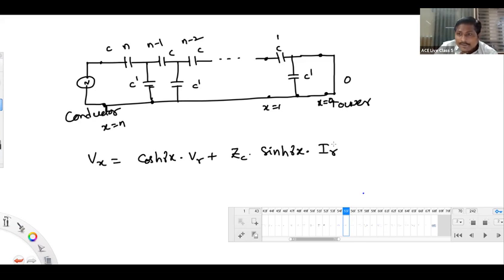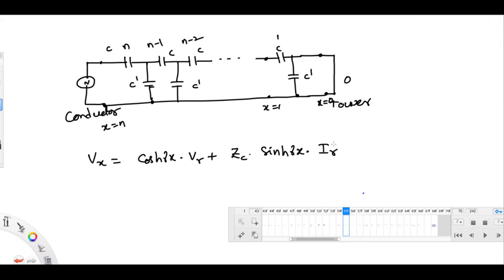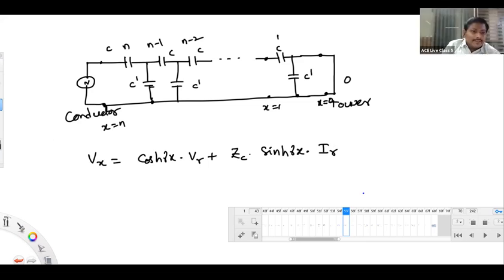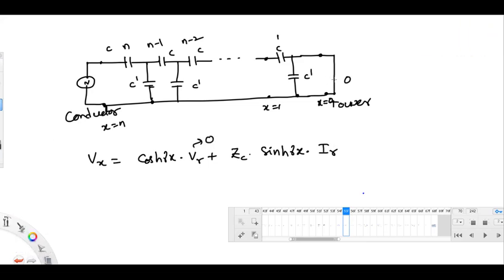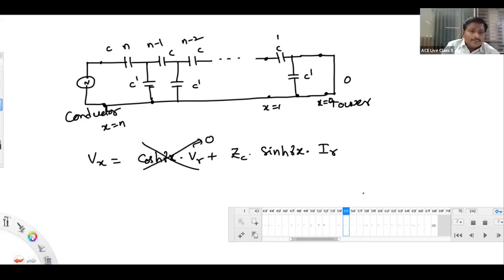Have you remembered this equation in transmission lines? Yes, sir. X is a point where you want. VR is 0 anyhow, right? Shorted. So this first term will be 0. Second term only exists. What is IR current? IR into ZC we should take.